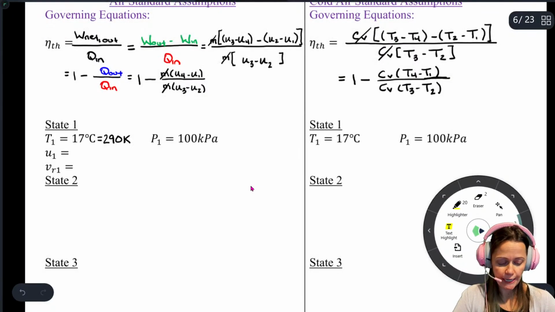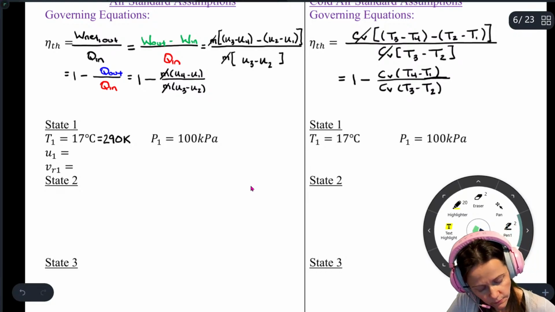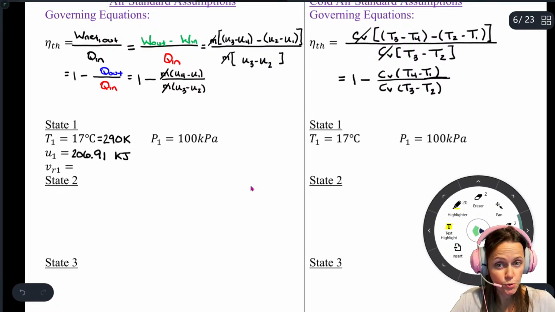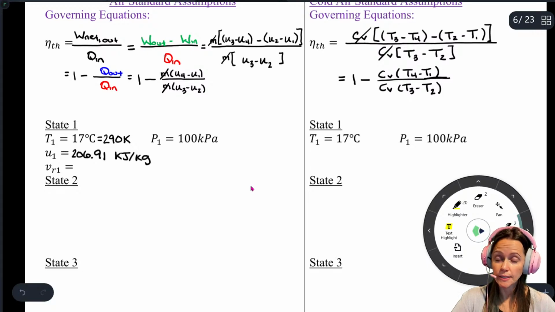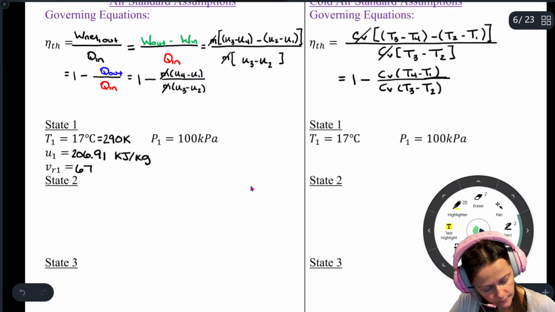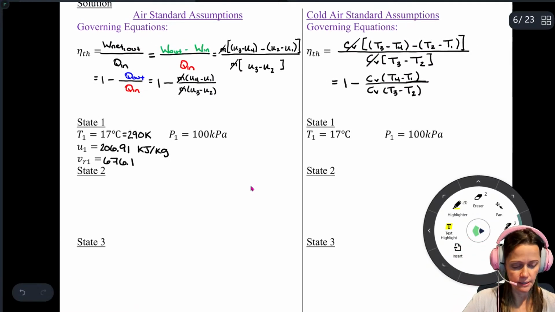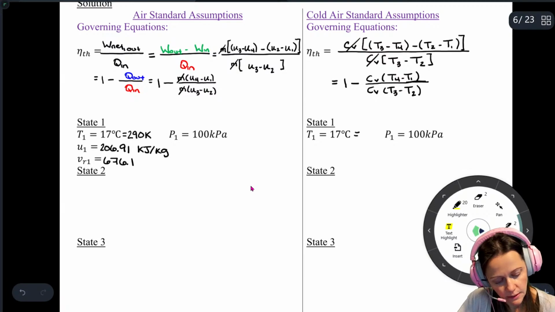So at 290 Kelvin, my U value is 206.91 kilojoules per kilogram. And that VR1, our relative specific volume, is 676.1. And there are no units there. It is what it is.